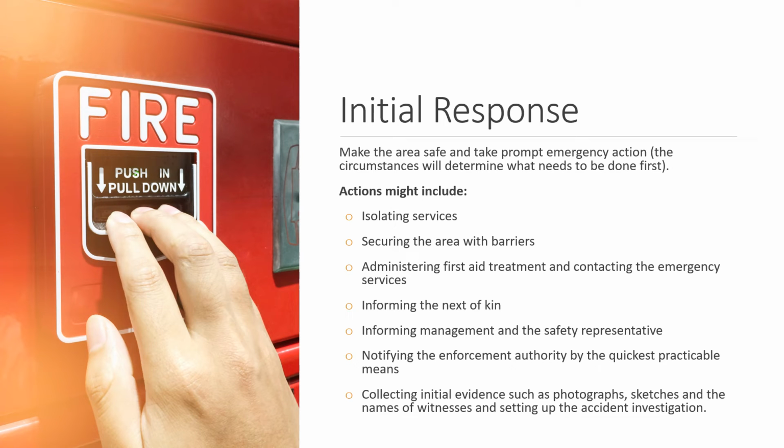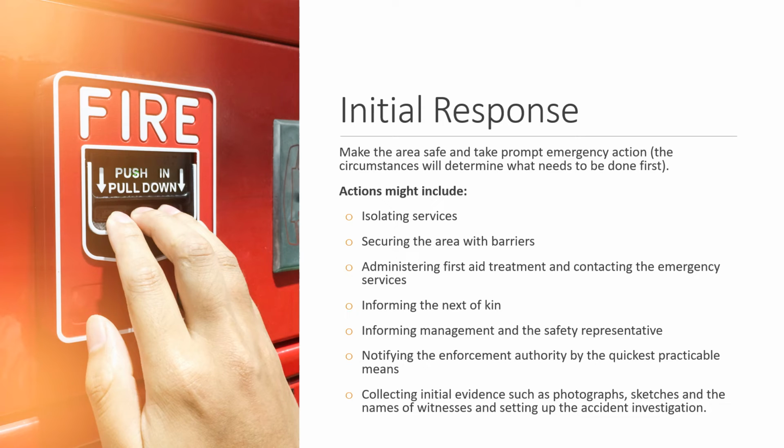Please remember that included in incident and accident management must always be the need for emergency procedures. In the initial response, make the area safe and take prompt emergency action. The circumstances of the emergency will determine what needs to be done first.